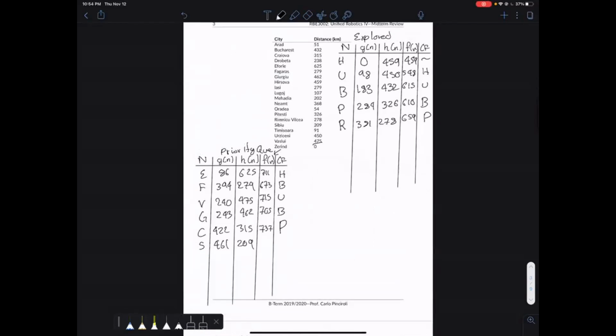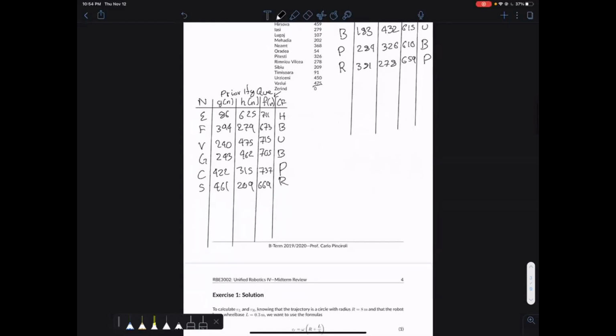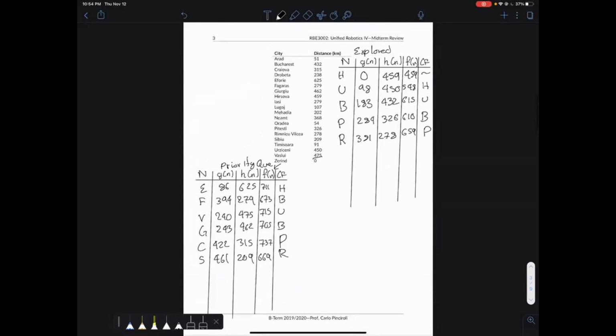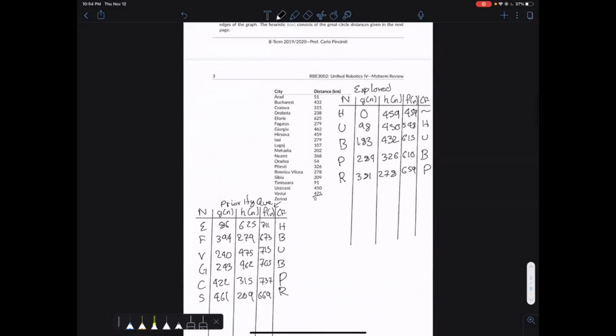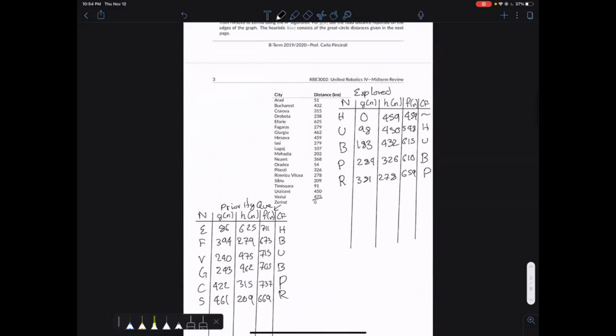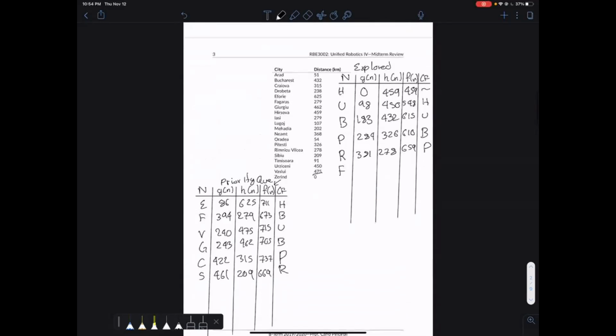And that came from node R. If we add those two together, 461 plus 209, we get 669. And then we run the algorithm again. So what node are we going to explore? We're going to be exploring node F because that's the one with the lowest cost. So let's pull that out.